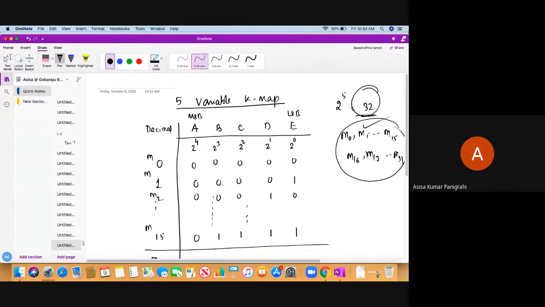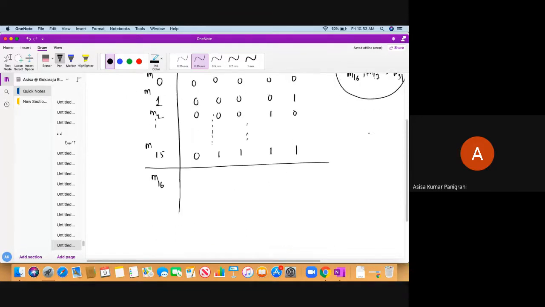In order to represent those 32 minterms, how would M16 be? M16 is nothing else, my 1, all zeros. Now M17 will be 1, 0, 0, 0, 1. Now after this, M31 would be what? M31 would be 1, all ones. Okay, do you all understand now?